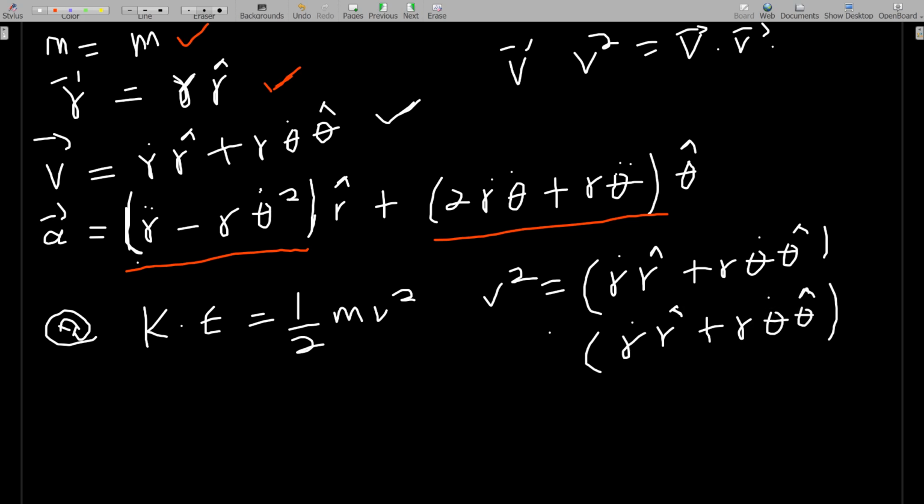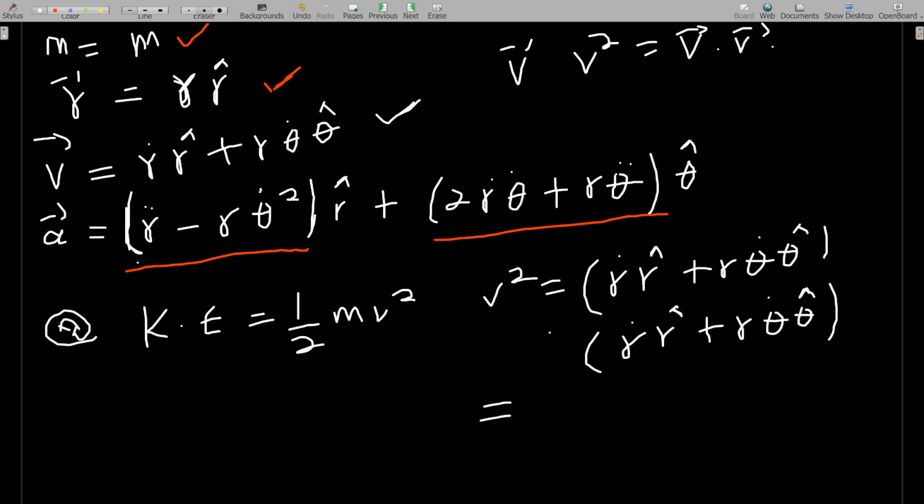It's a dot product. Now r cap and theta cap are unit vectors. When you dot r cap and theta cap, you get 0. When you dot theta cap and r cap, you get 0. But when you dot r cap and r cap, you get 1. So it's like the normal dot product that you know.